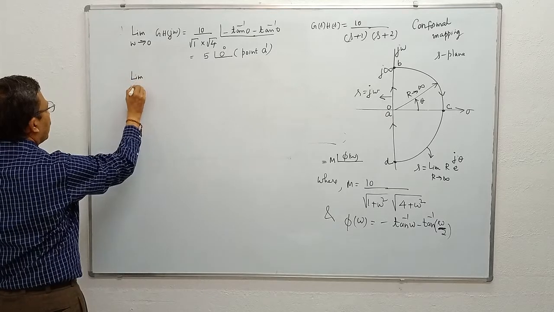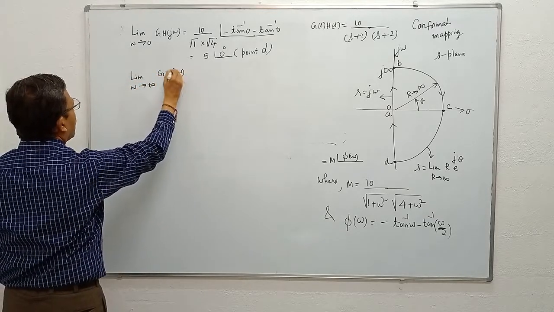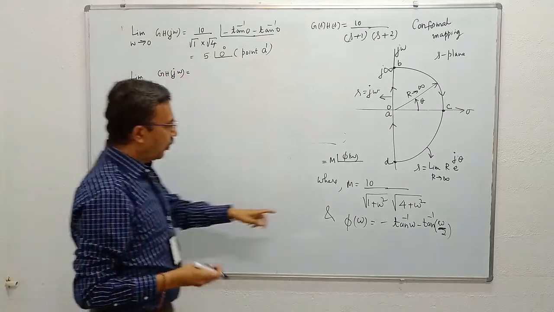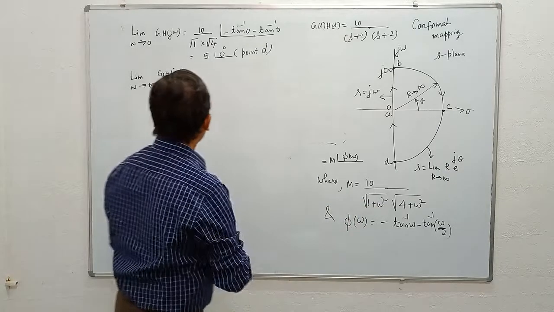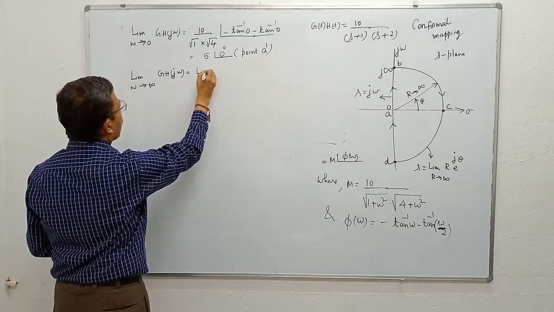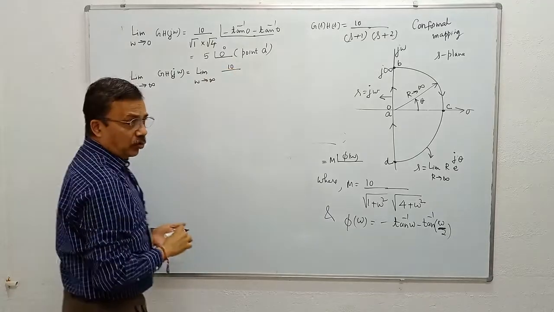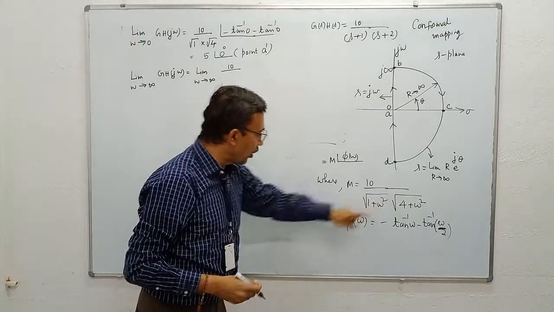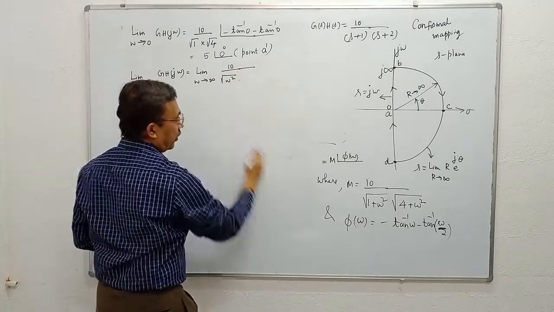Next I will take the limit omega tending to infinity on GH of j omega. In the expression for m, put omega equal to infinity. So what you get? You get limit omega tending to infinity, 10 divided by, since omega is very large, neglect 1 with respect to omega square. So you get root of omega square.